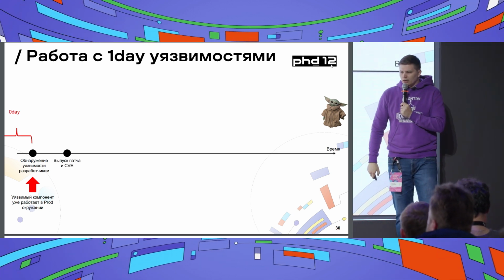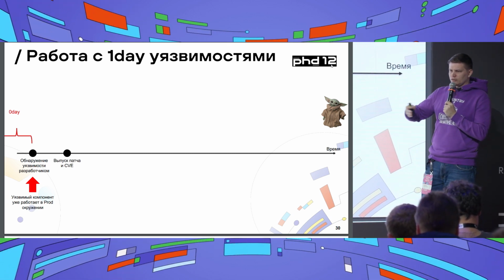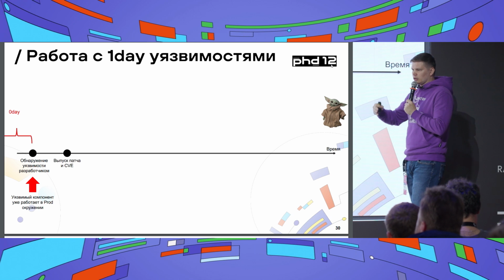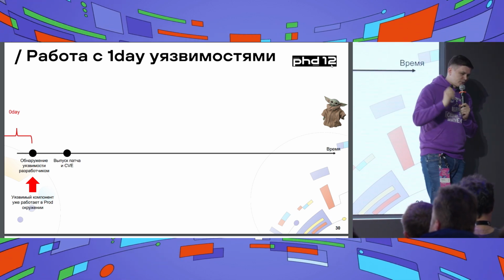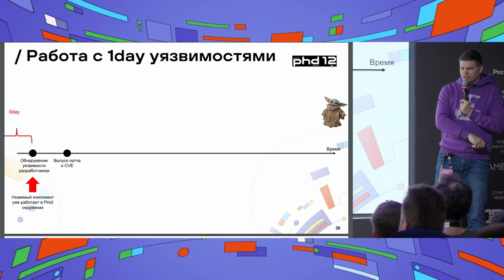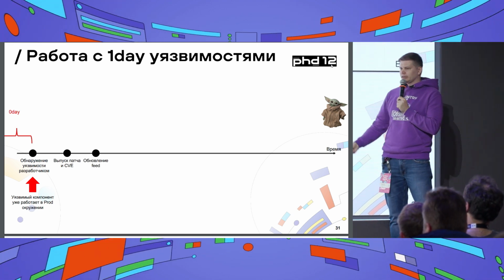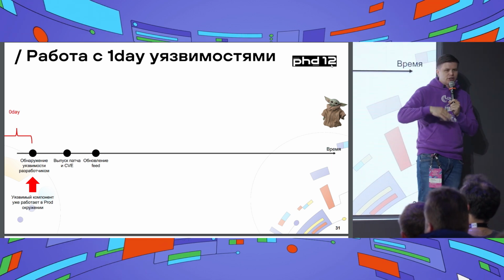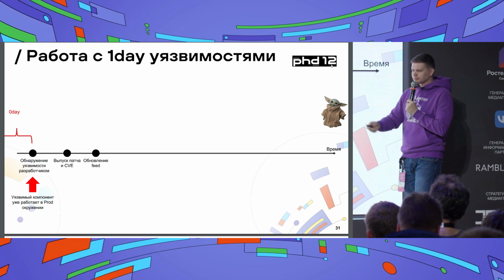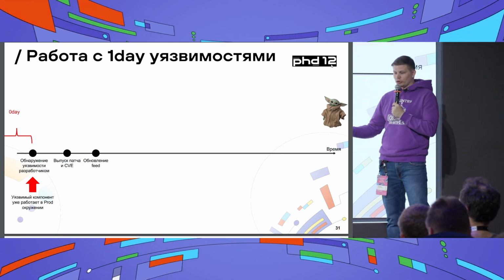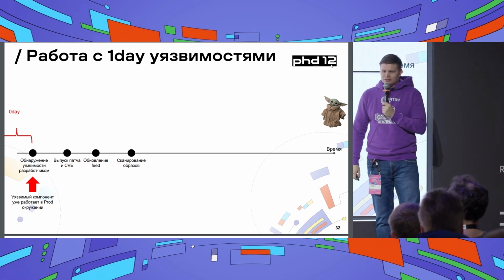So they already have an exploit ready. The developer learned about the vulnerability, develops a patch, it takes time. After that, a CVE is registered, then different scanners, open source and commercial ones, refresh their database, but your environment is still vulnerable.